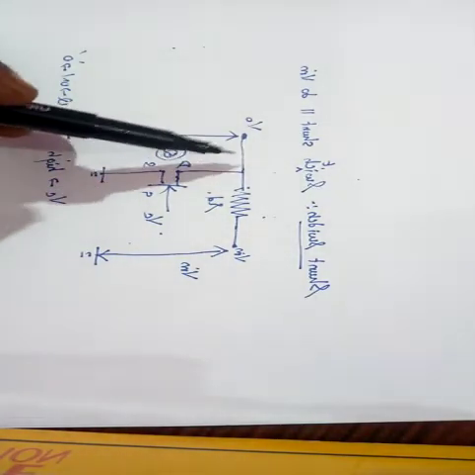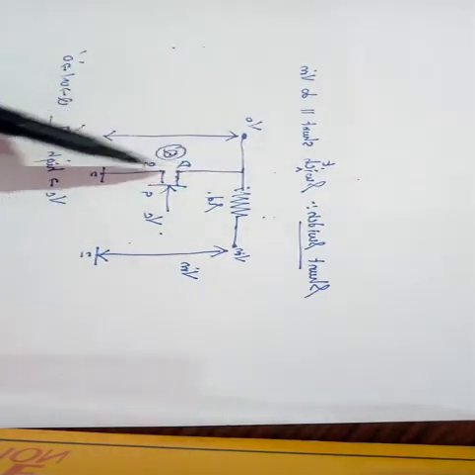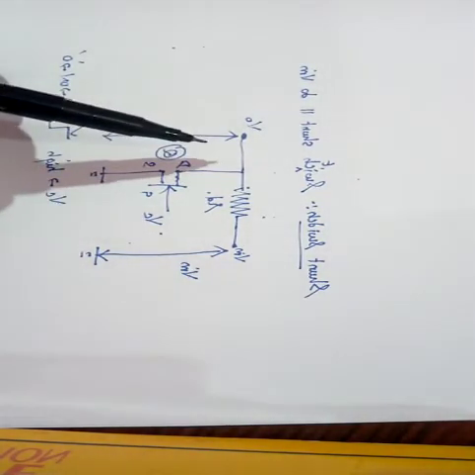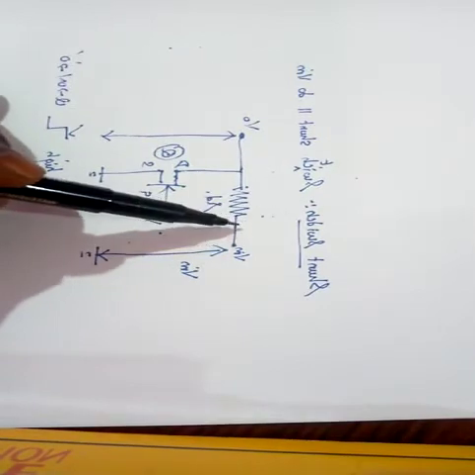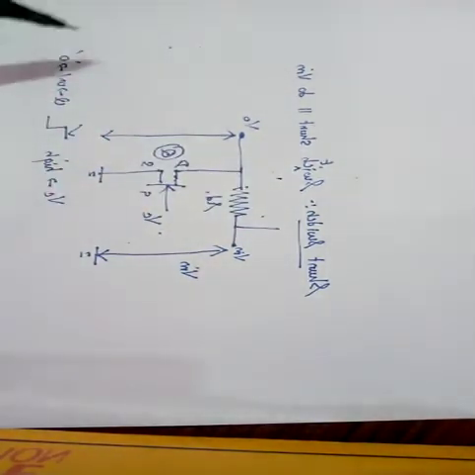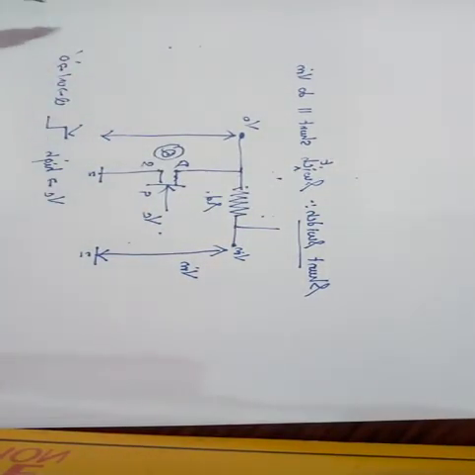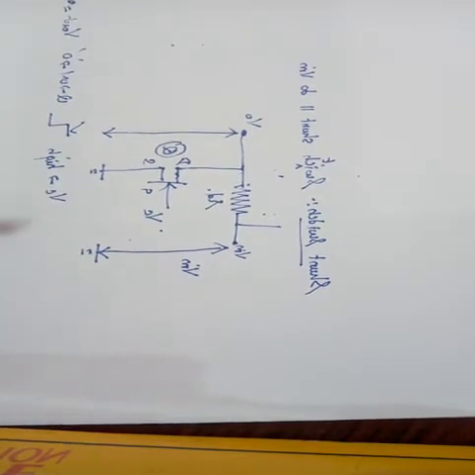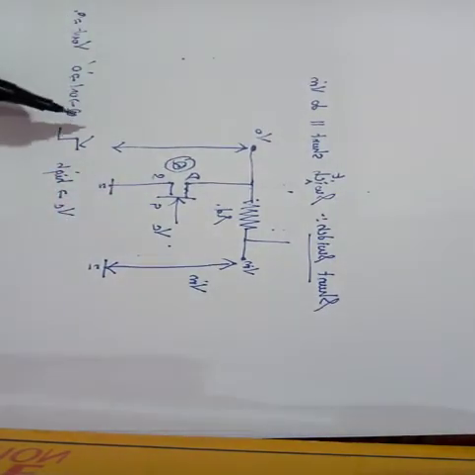From the basic concept, a short circuit will provide zero voltage. All the voltage will be dropped across this RD. So when VC is high, V0 is simply 0. I'll put it in a table, don't worry.